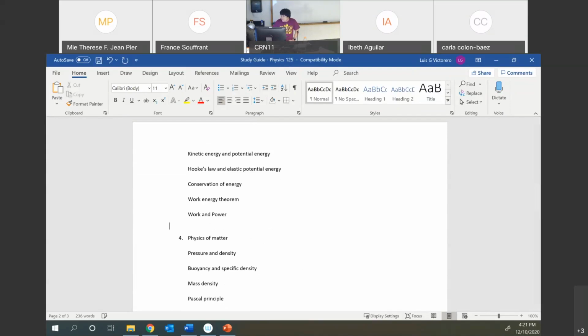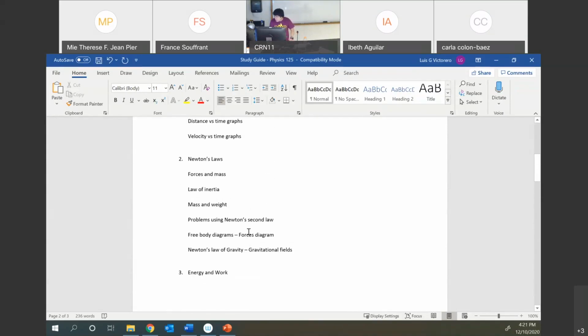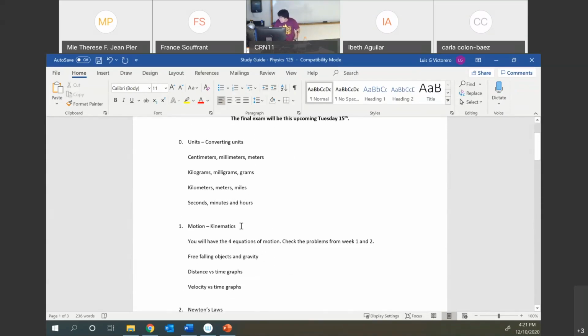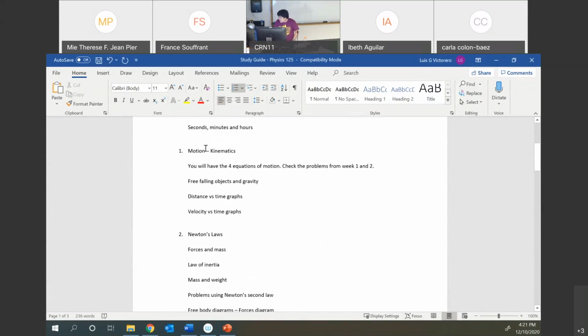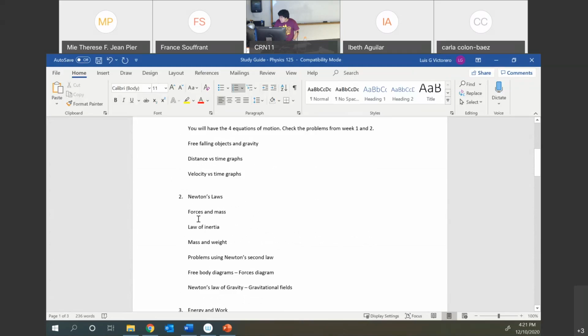I'm not going to test on the whole chapter, but these are the main topics you should focus on. For sure you're going to have a question to convert units, and a question on kinematics. It can be theoretical and one problem or exercise. I'm probably going to give you a question to calculate weight, given the mass.